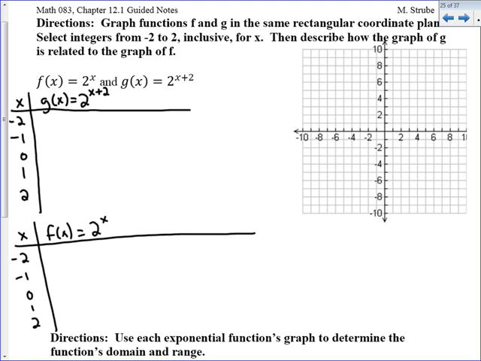So let's start with negative 2. So g of negative 2 is 2 to the negative 2 plus 2. Notice all of the little numbers are in the exponent this time. There's no big number on the end. This is all part of the exponent. So we're always going to start by combining the exponent.